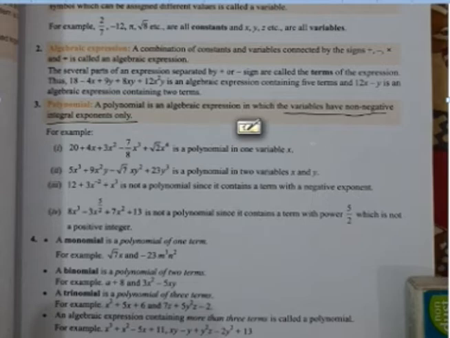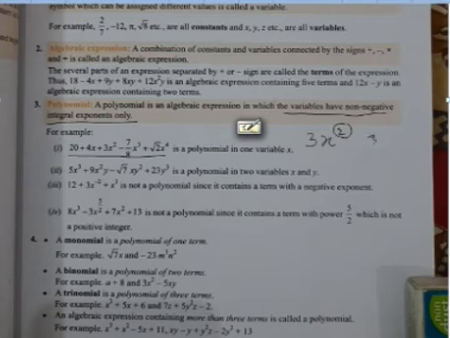It means just take this expression: 20 plus 4x plus 3x square. In 3x square, this is the exponent, and this is positive. No, it is not negative. It should always be positive. If it must be a polynomial, then it should always be a positive exponent.